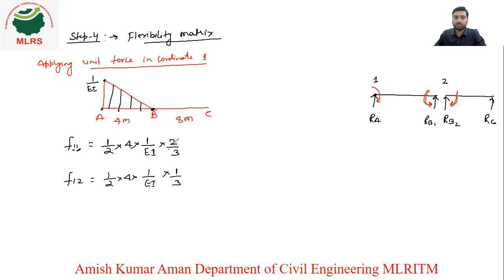So you will get 4 upon 3EI, and from here it will be 2 upon 3EI. So we have calculated F11 and F12. It's very simple, just the area of this figure into the CG value, where the CG will lie, 2/3 here and 1/3 there. Simple.